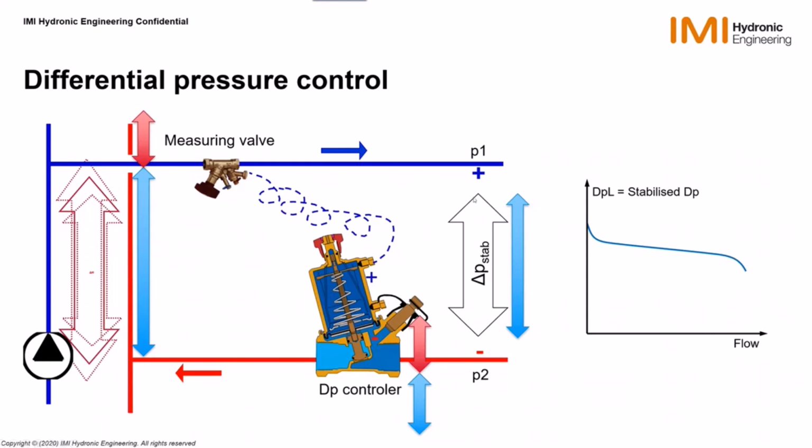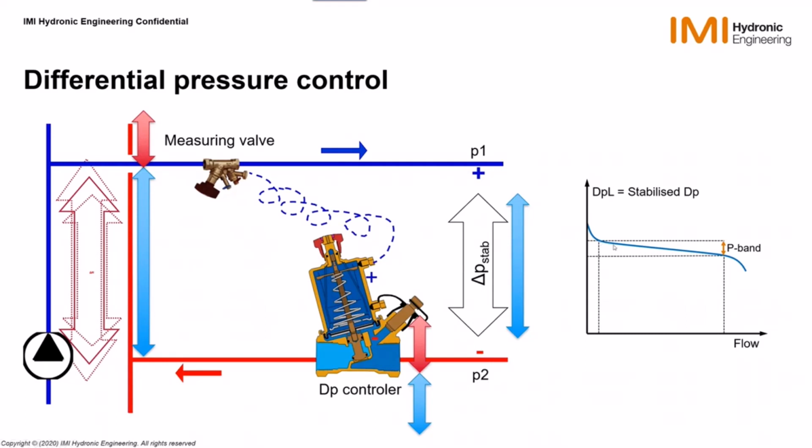Reciprocally, if the load is closing, if the flow is decreasing in the load, the DP controller will shut, and shut more until it is fully shut there when we are at the vertical axis. Typically, we look at two extreme positions. This position where the DP controller is fully open, and this position where it is almost fully shut.